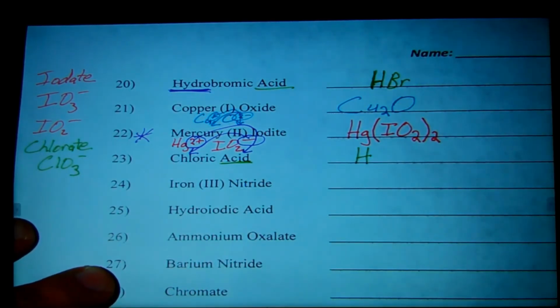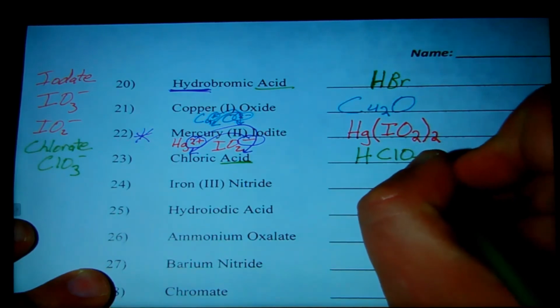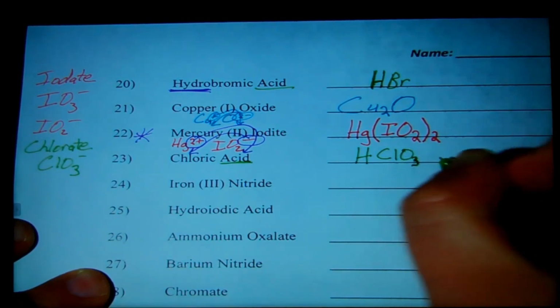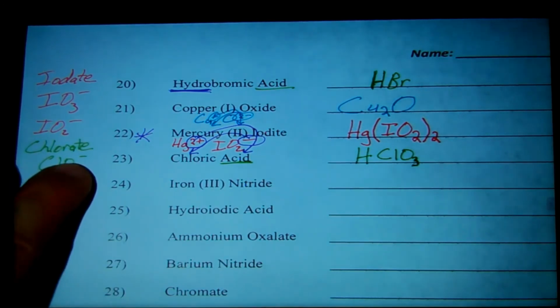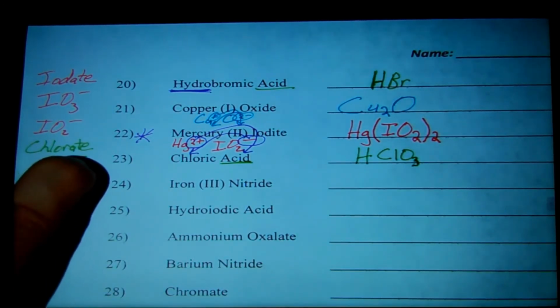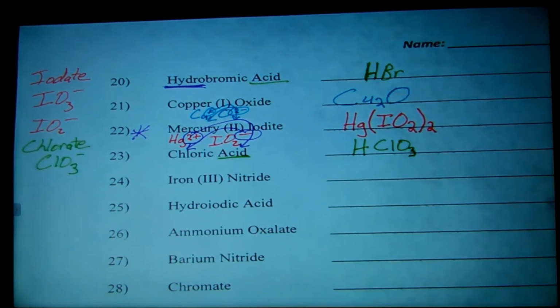Now, put the chemical formula for that polyatomic. So ClO3. Look at the charge on the polyatomic over here. It's a -1, which tells you how many hydrogens you need. I just need 1, so I don't need to write anything else with that hydrogen. 23 is done. Okay? So let's go to 24.